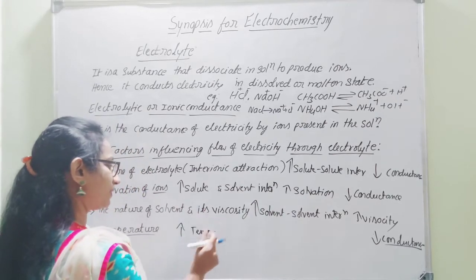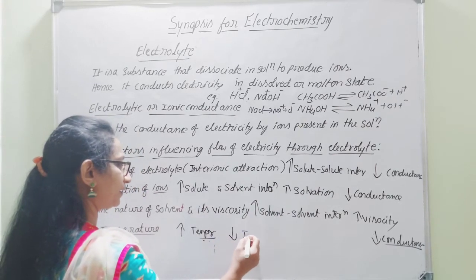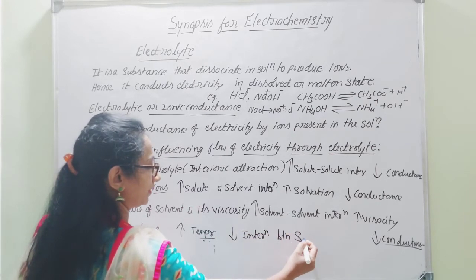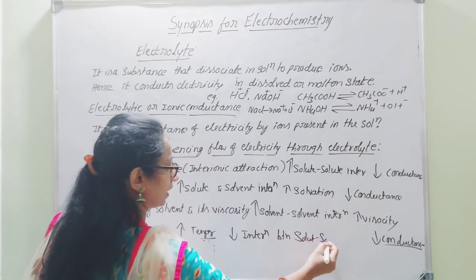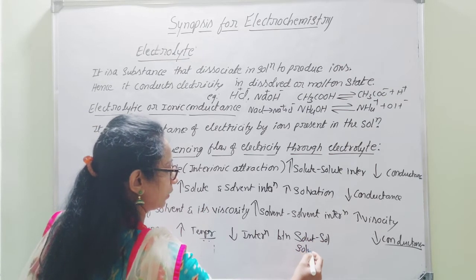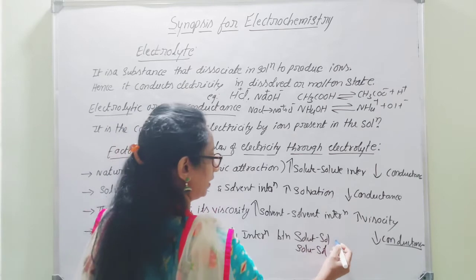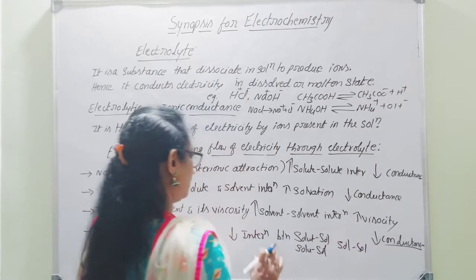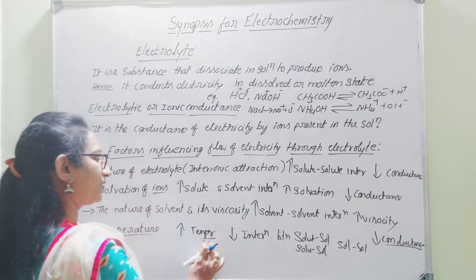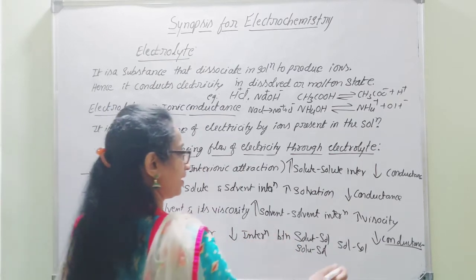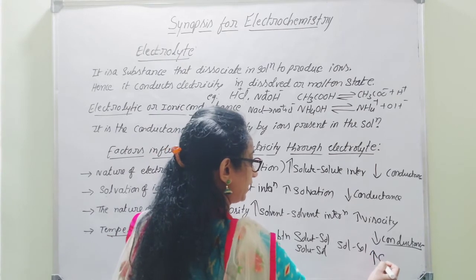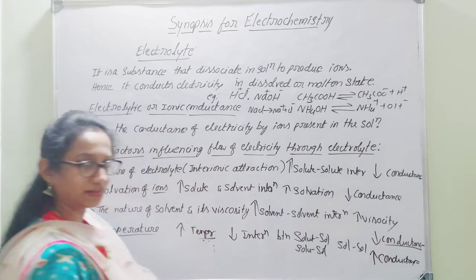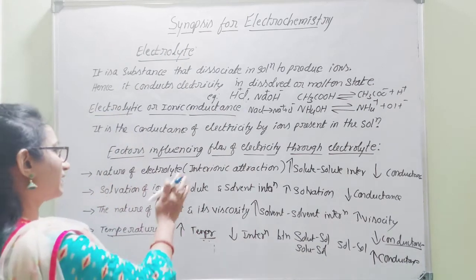Hence, with a rise in temperature, the interactions decrease, and as a result there will be an increase in the conductance. This is how we can decide based on these factors.